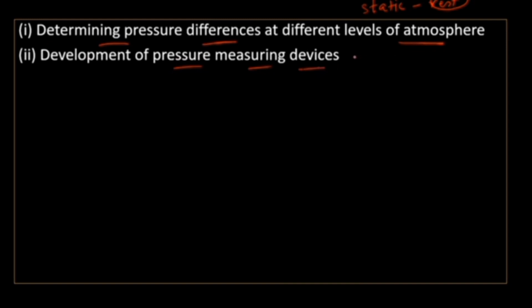While utilizing pressure measuring devices, we have to understand the concept of fluid statics. If we know the basic principles and concepts of fluid statics well, we can utilize them for the development of pressure measuring devices.